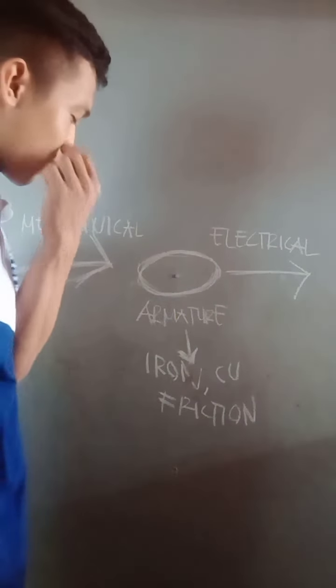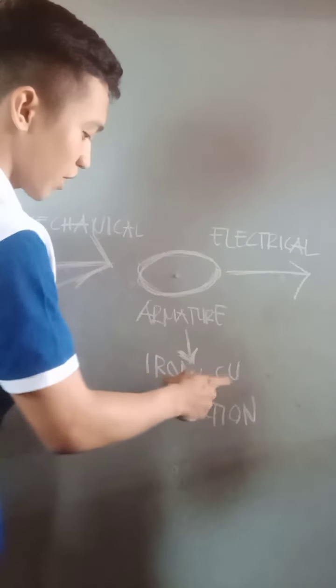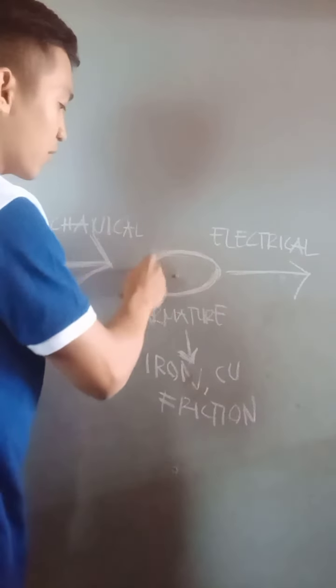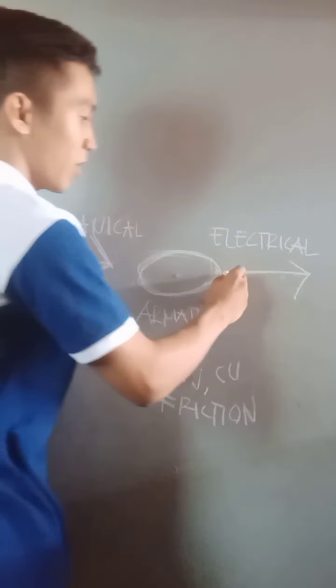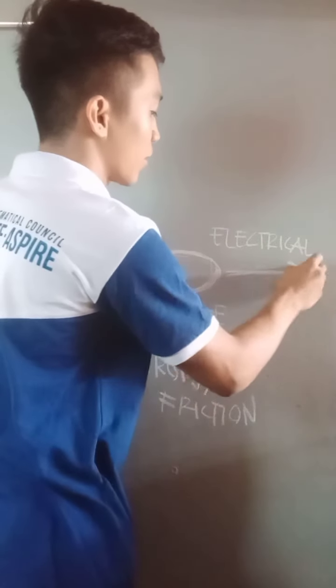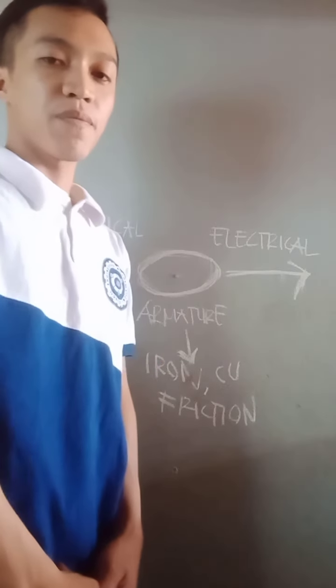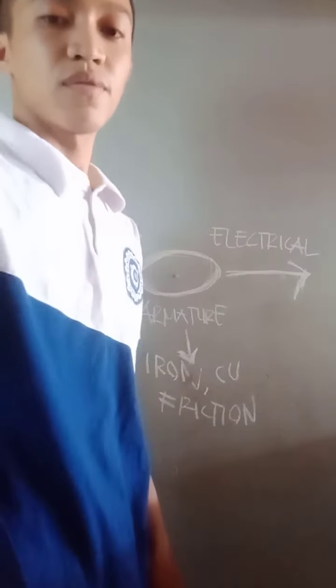We will have iron, copper, and friction losses during the process, and after that conversion you will have an output of electrical power. So that's the flow of the power of the DC generator.